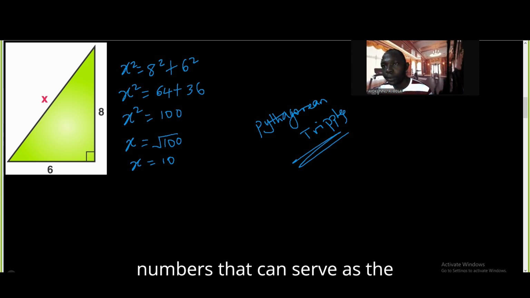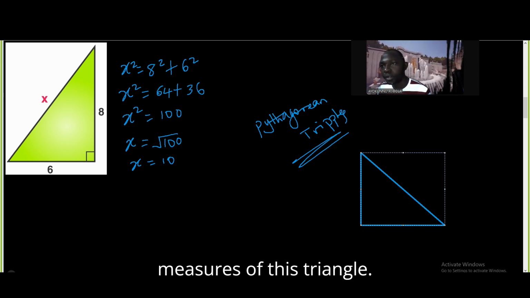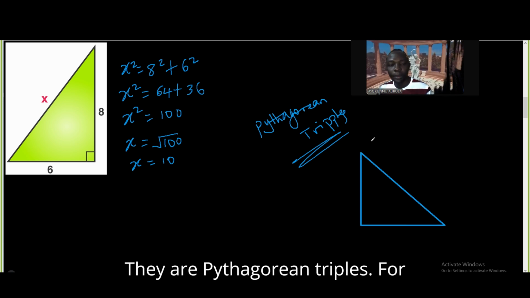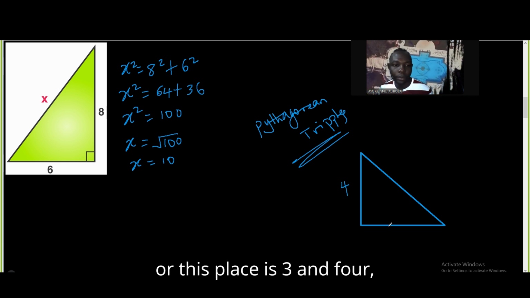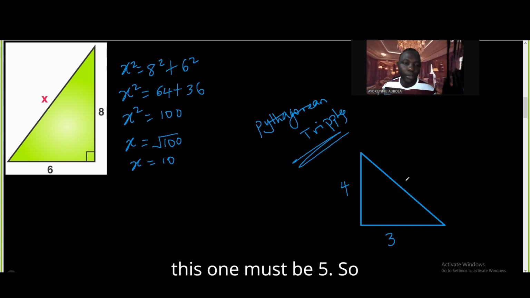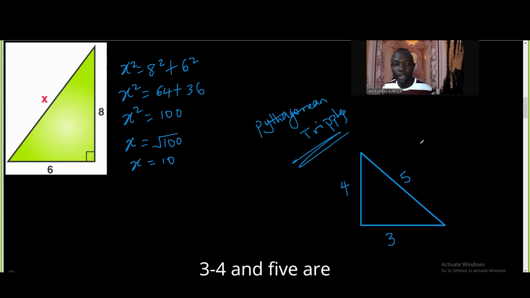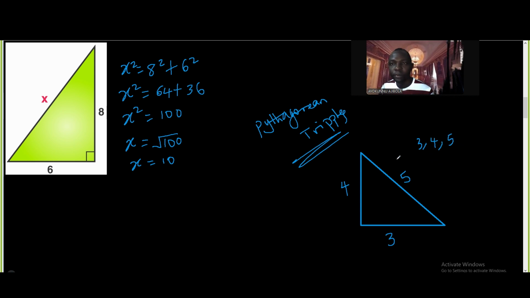Any three numbers that can serve as the measures of this triangle are Pythagorean triples. For example, if this side is 3 and this side is 4, this one must be 5. So 3, 4, and 5 are Pythagorean triples.